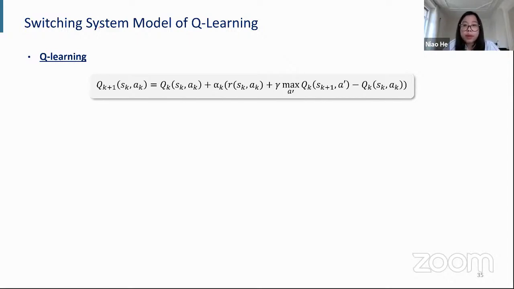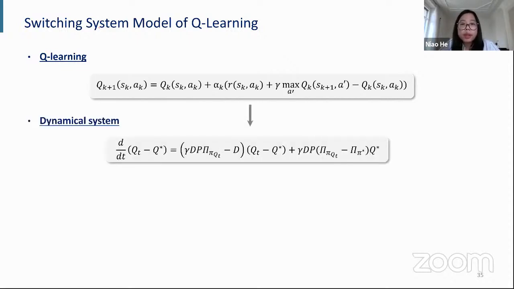With some simple algebraic simplification, you can easily obtain the following ODE model for this Q-learning algorithm. And that is particularly given by this matrix here, times some other vector, okay?